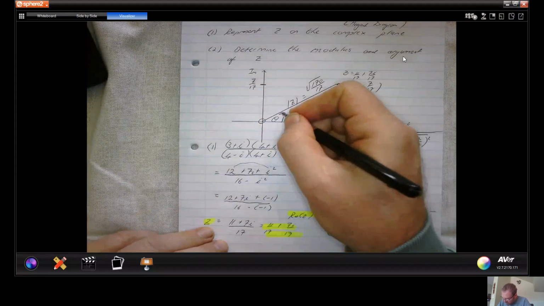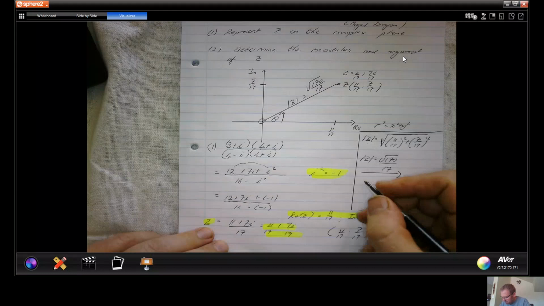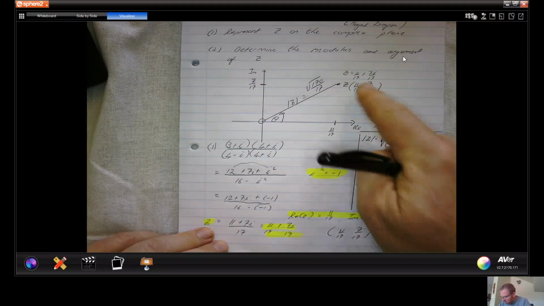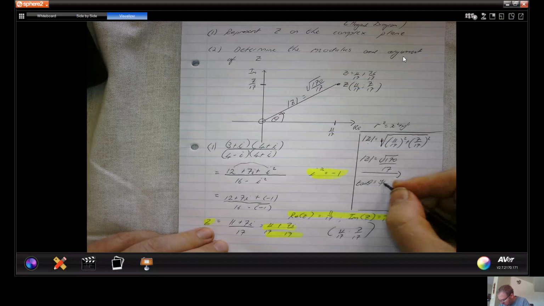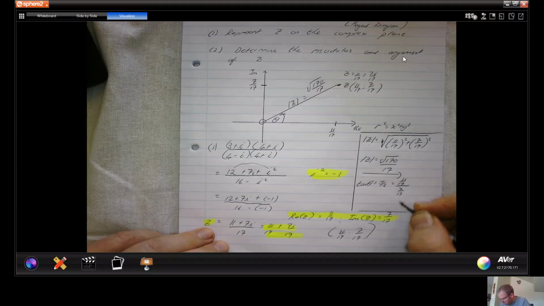So if we draw that in there, we've defined the argument of Z as being theta. Okay, that's fine. And then we know that tan theta is the y coordinate over the x coordinate, which is going to be 7 over 17 divided by 11 over 17.